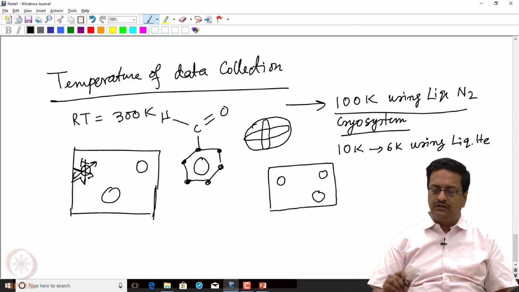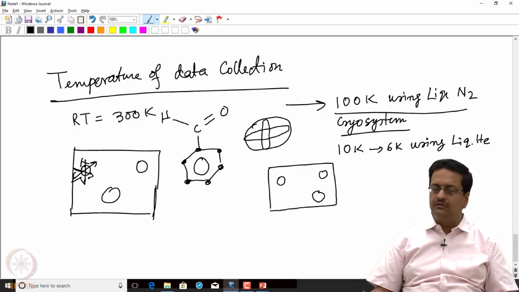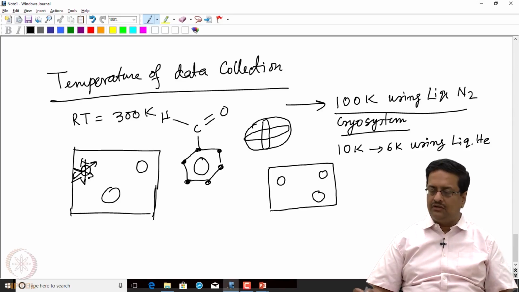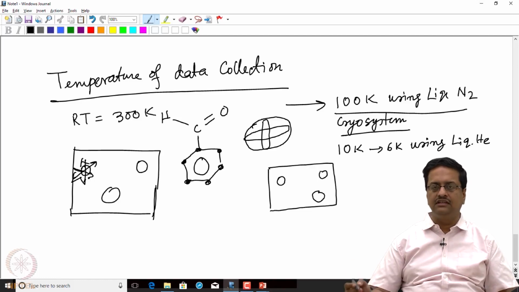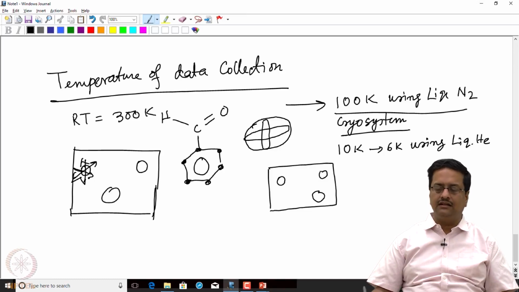So temperature has an important role to play in data collection. The bond lengths and bond angles are also influenced by temperature. So the bond lengths and bond angles determined from data collected at 100 Kelvin are much more reliable than data collected at room temperature. That is why we tend to collect data at much lower temperature.